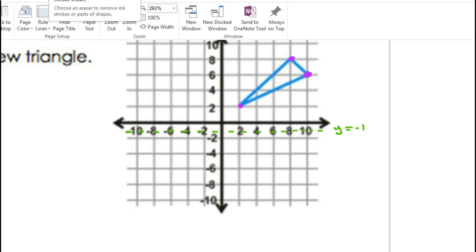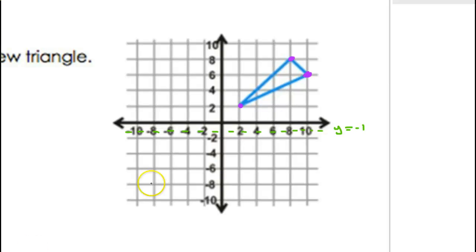Okay, so this first point, I'm going to use the squares just to help me count, but see how it's 1.5 squares away from the line? So there's my half, and here's 1. So this is 1.5 squares on the other side of the line.